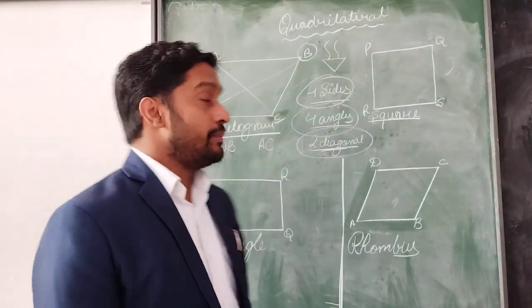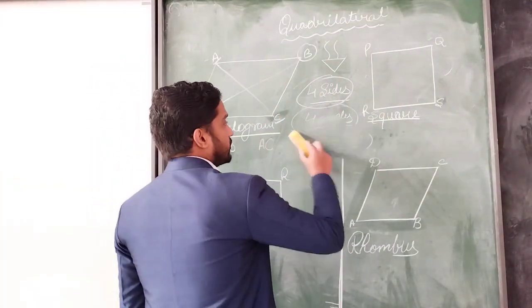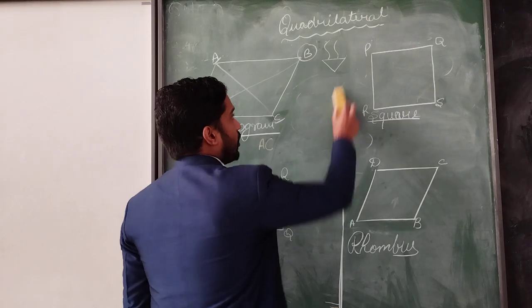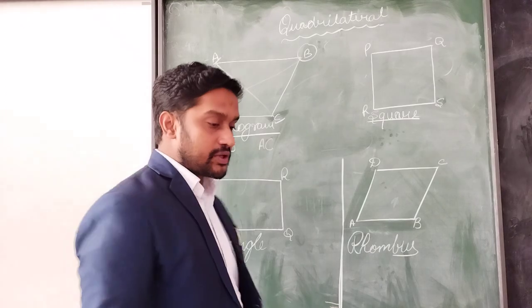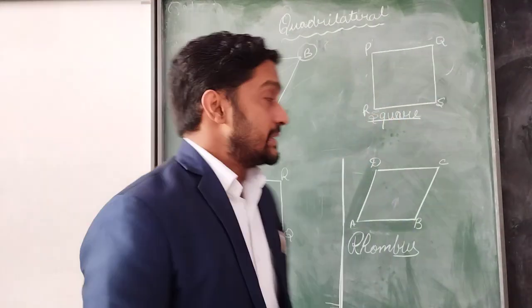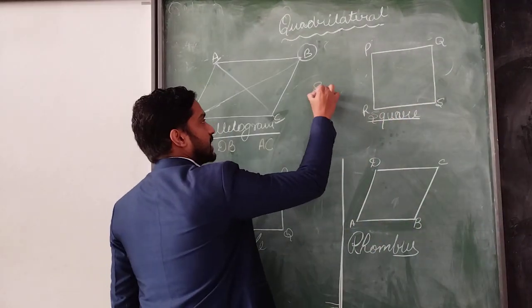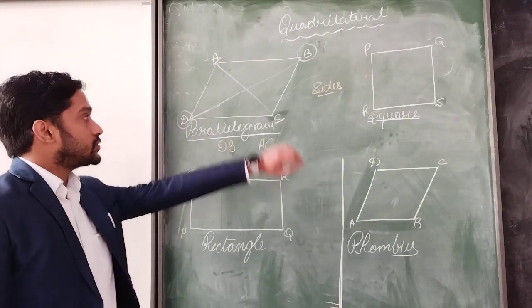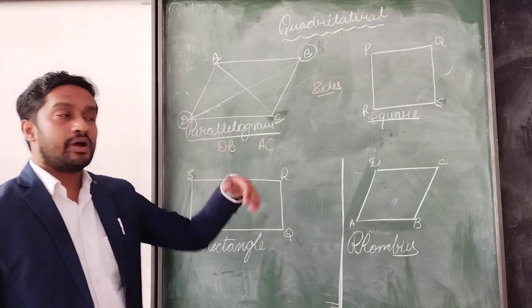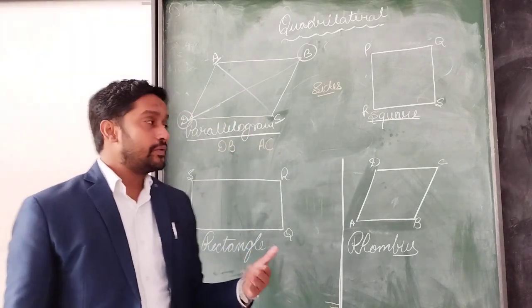Now we come to some important properties of quadrilaterals: parallelogram, rhombus, square and rectangle. First we start with sides. In a parallelogram the opposite sides are equal to each other.